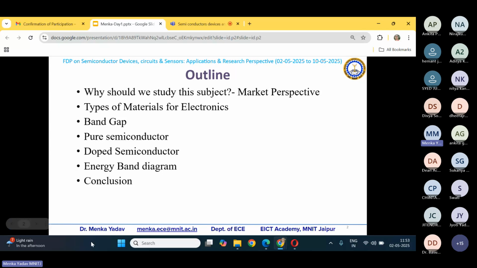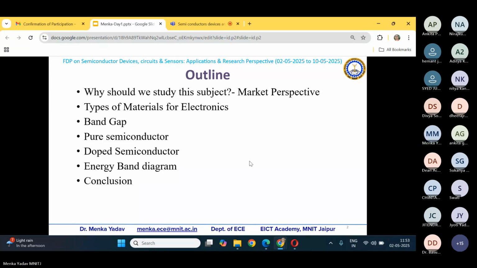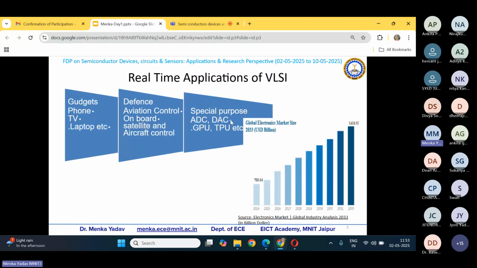In order to discuss that, let me take some simple real-time applications of VLSI. There are different real-time applications, like we have phone, TV, laptops, and headphones.